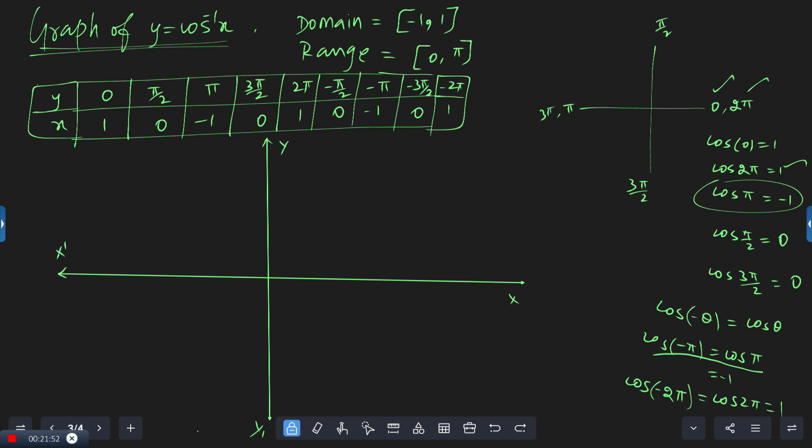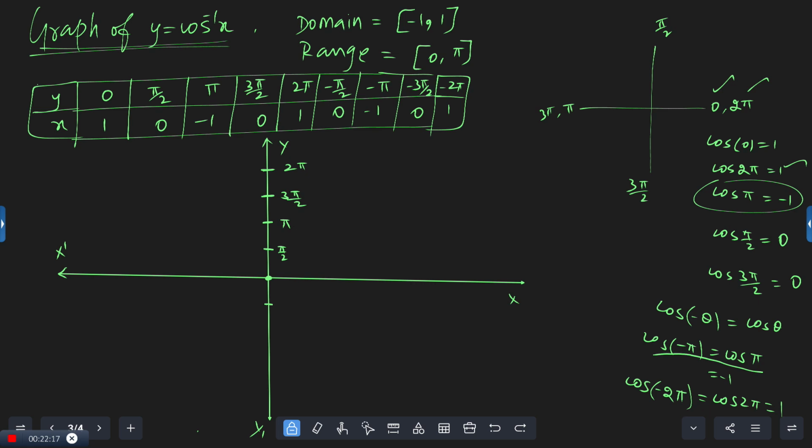Here this is 0 degree, here plus pi by 2, pi, 3 pi by 2, and plus 2 pi.